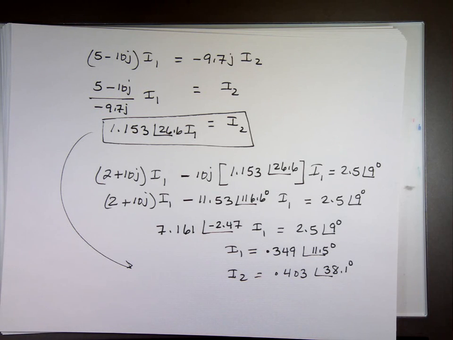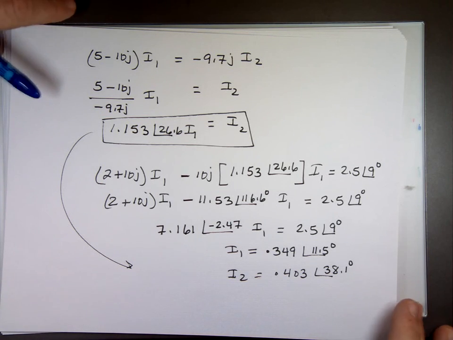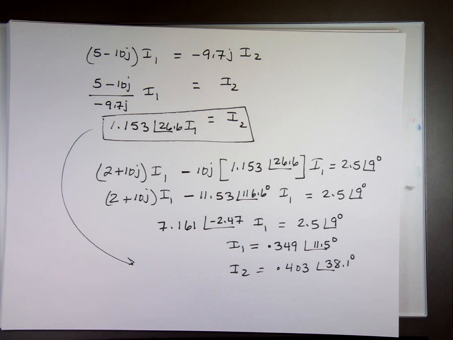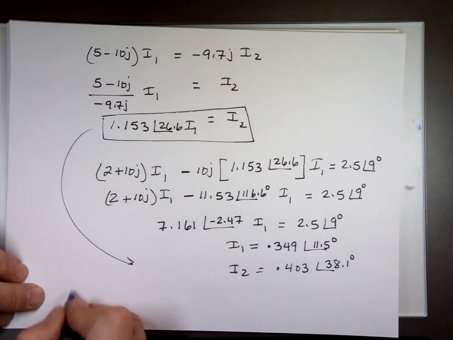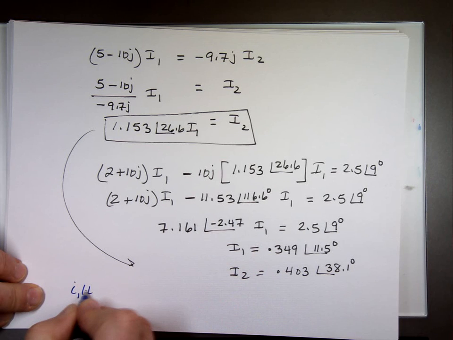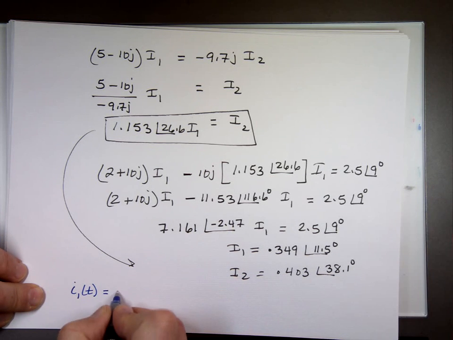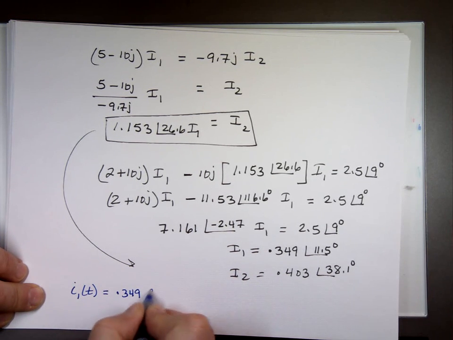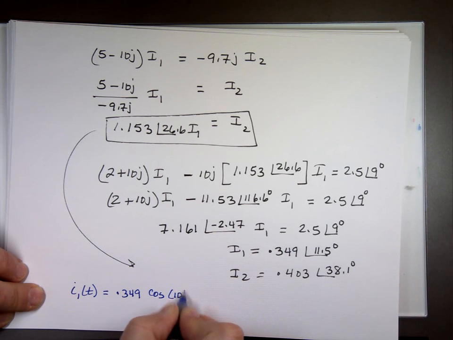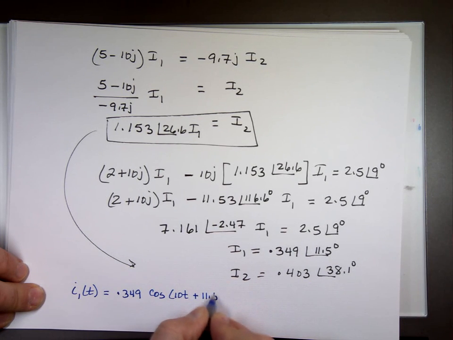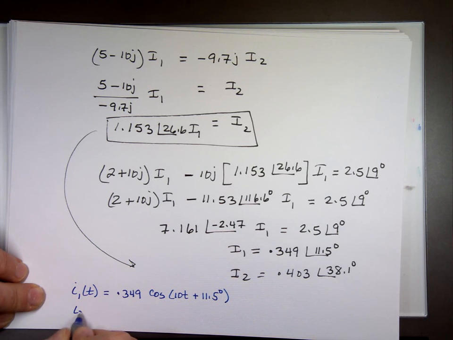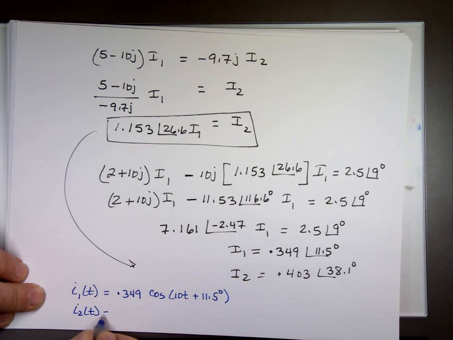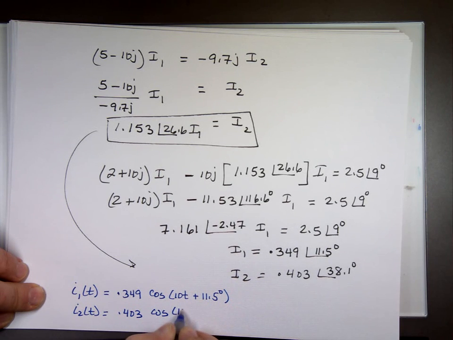And the last step for this is what? Change back to time domain. Remember, W is 10. So the last step, I sub 1 as a function of time is going to be 0.349 cosine 10t plus 11.5 degrees. And I sub 2 as a function of time is going to be 0.403 cosine 10t plus 38.1. And the problem is done.